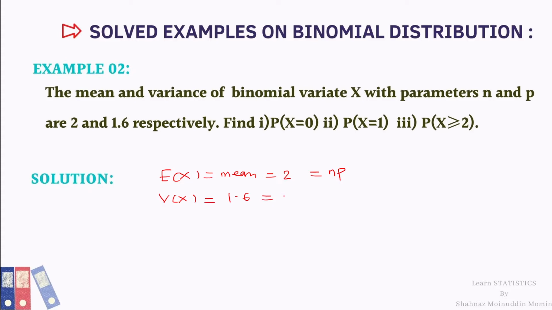We know that the variance of a binomial distribution is npq. To obtain p and n, we will take the ratio of variance and mean. So what happened? npq divided by np, and these values are given.